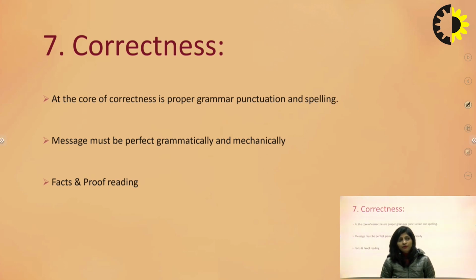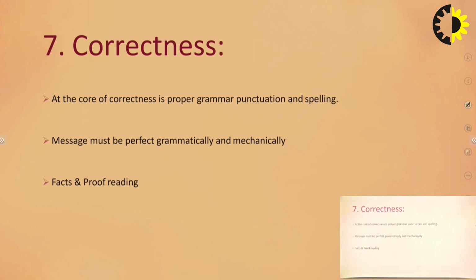So you need to keep all these things ready, and always check whether your facts are correct or not. Correctness is a very important feature which you need to make sure you have achieved. So have you checked the correctness of all facts, and have you confirmed all facts and figures? That is very necessary. At the core of correctness is proper grammar, punctuation, and spelling.